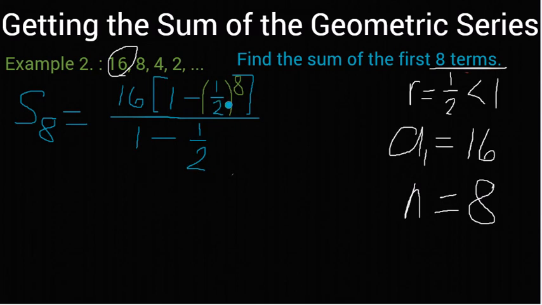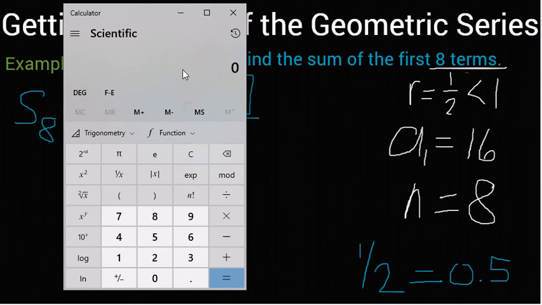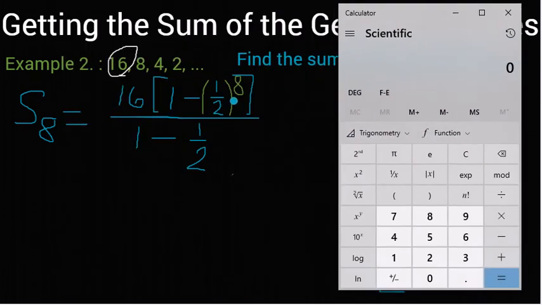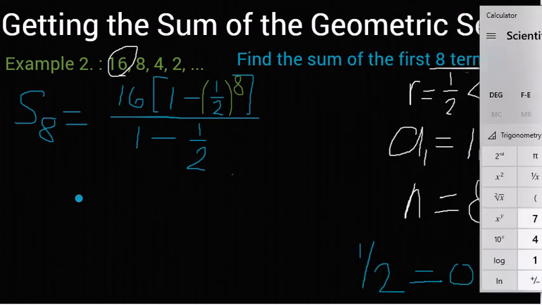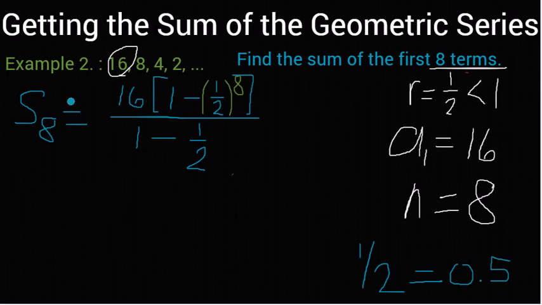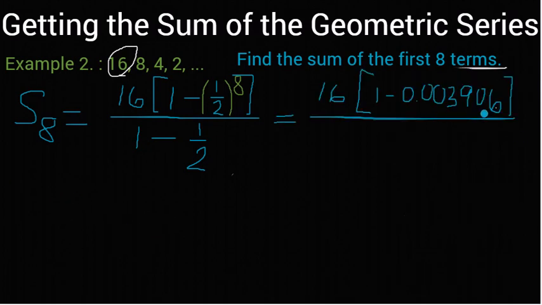We need to work on this first. We know that 1/2 is equal to 0.5 in decimals, so we calculate 0.5 to the 8, which is 0.00390625.